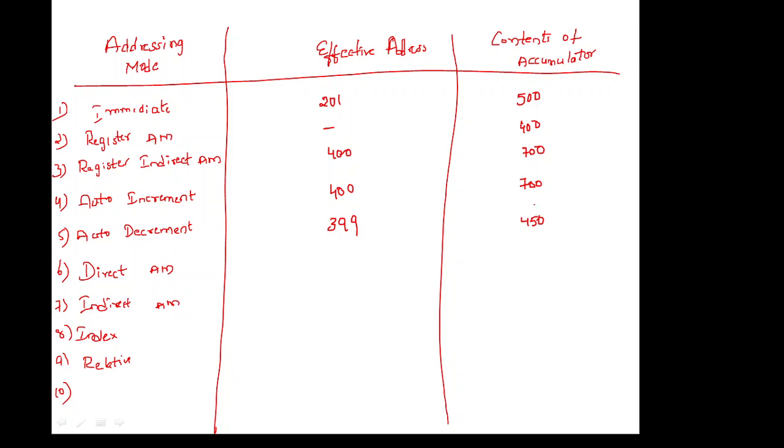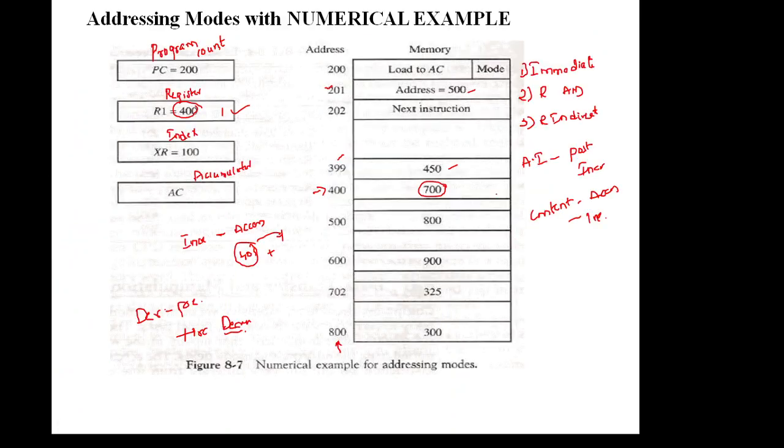Next one is direct addressing mode. Direct addressing mode means the instruction contains the address. That address becomes the effective address. If you go to that effective address, then we will get the operand or the content of the accumulator. Here the address is 500. This 500 is the effective address. So we have to go to 500 in order to determine the operand, the contents of the accumulator.